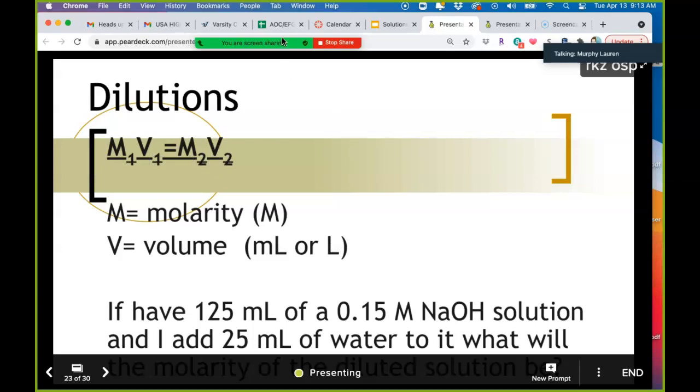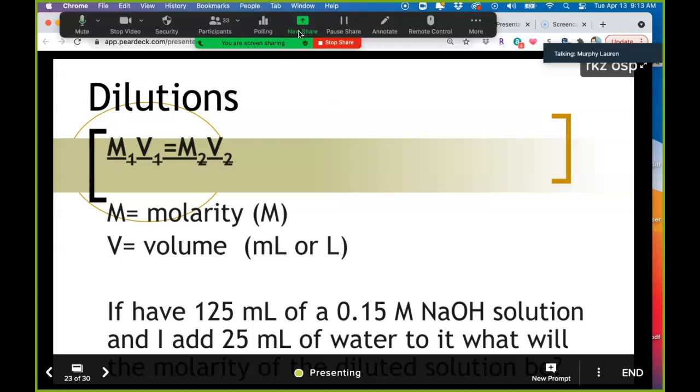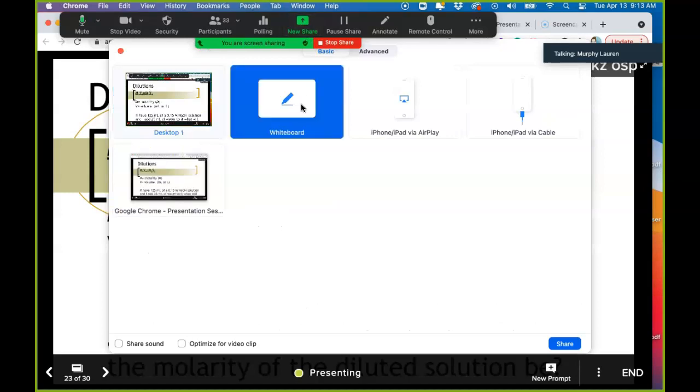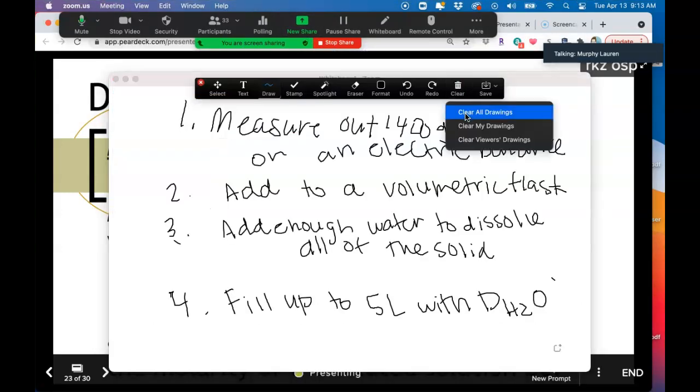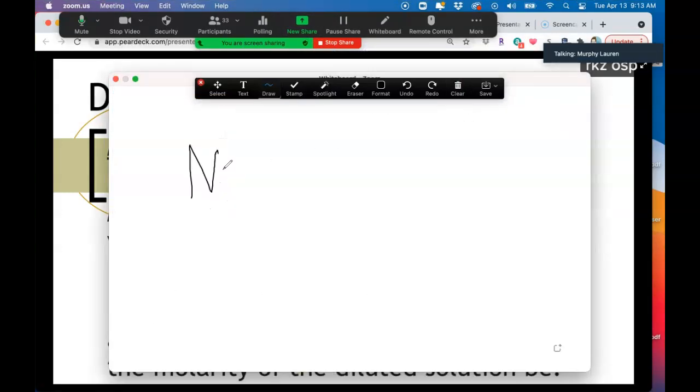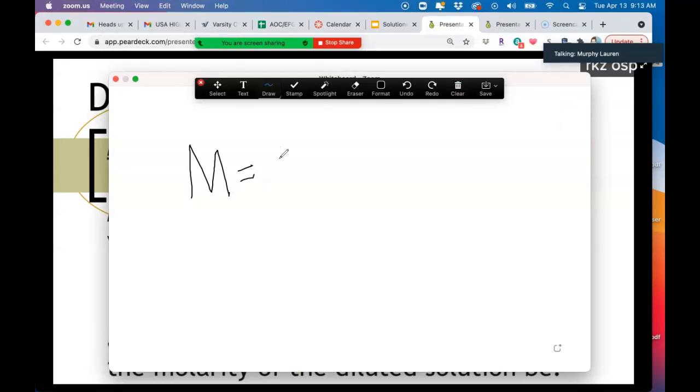Now, unlike our molarity equation, our original equation that we've been using so far in this chapter, where you have to use liters.